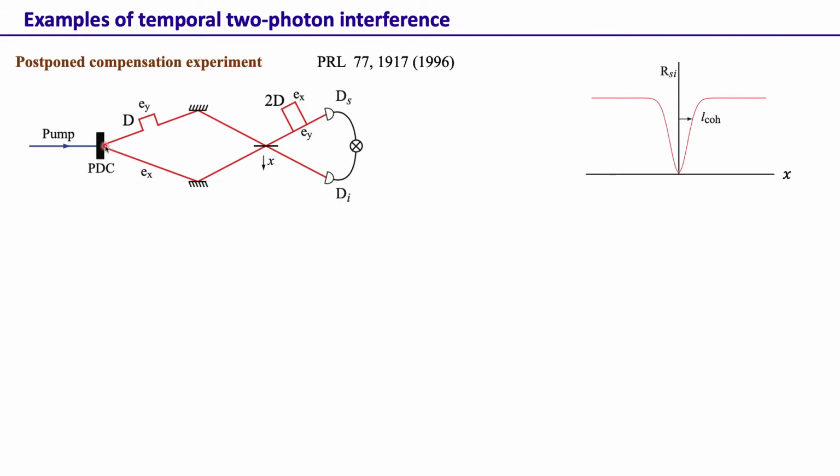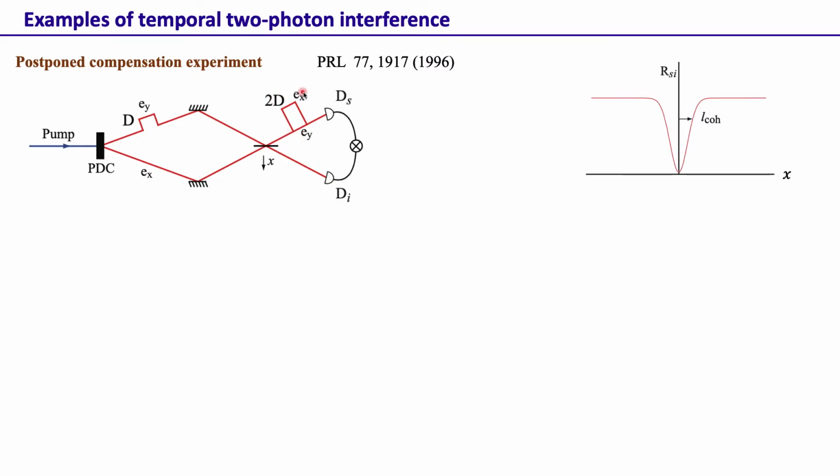In this experiment, the polarizations of the signal and idler photons were made different. For example, this was Y polarized and this was X polarized, and in the Y polarized photon, a delay D was introduced, and then these photons were mixed at the beam splitter. After the beam splitter, twice the delay was introduced in one of the polarizations only.